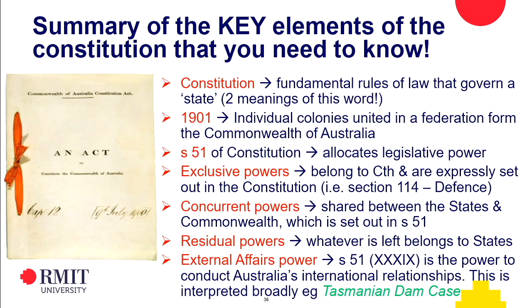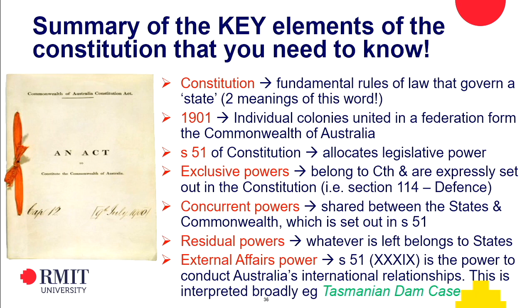This was in 1901. Section 51, incredibly important to you because it allocates the legislative power in terms of those heads of power. Exclusive powers belong exclusively to the Commonwealth, such as a power in relation to passing laws for defence. Concurrent powers are shared between the states and the Commonwealth.